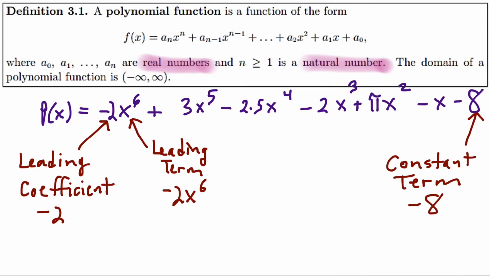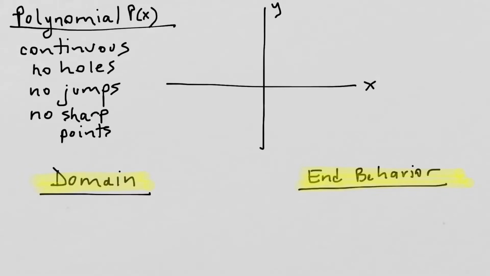Now one more thing, I want to talk about the domain of a polynomial function. Let's talk about domain first. Let's take, for instance, a polynomial that looks like this. That's obviously an x squared polynomial. As you can see, it has no holes, no jumps, no sharp points. It's called a continuous function. So polynomials are continuous functions.